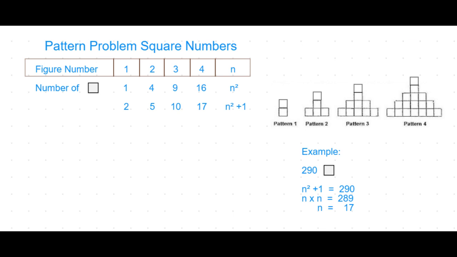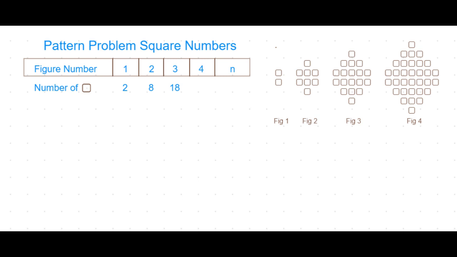Now let's look at another pattern. So here we are given figure 1 has 2 squares, figure 2 has 8 squares, figure 3 has 18 squares. So fill in the blanks for figure 4. We see the increase from 2 to 8 is 6, 8 to 18 is 10.